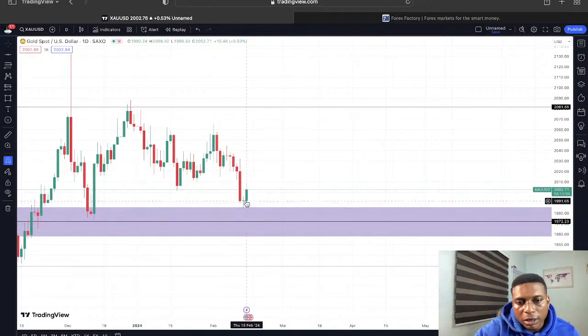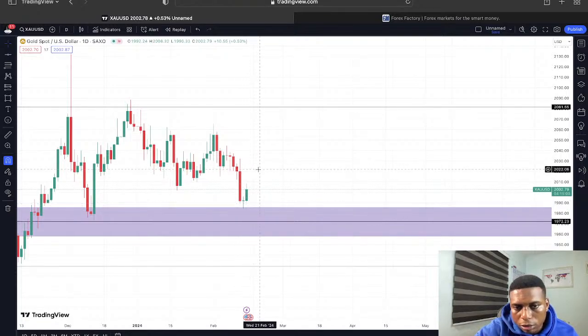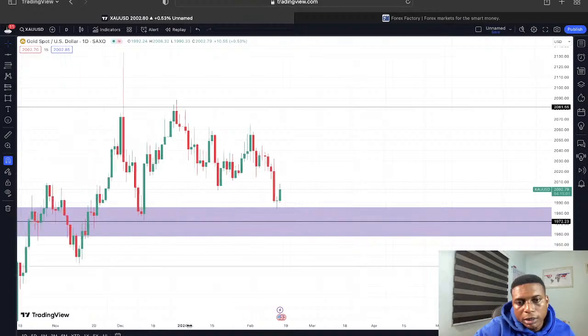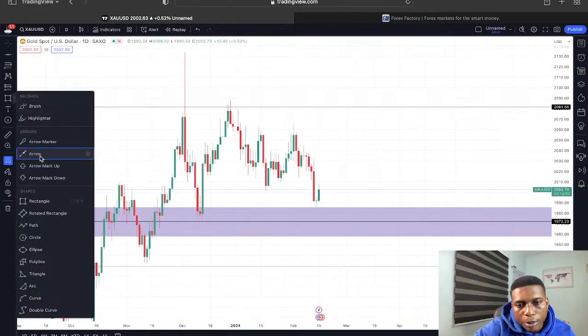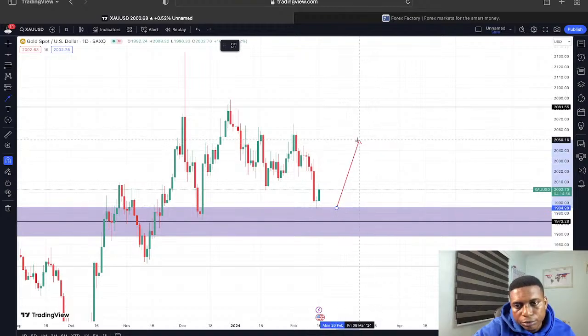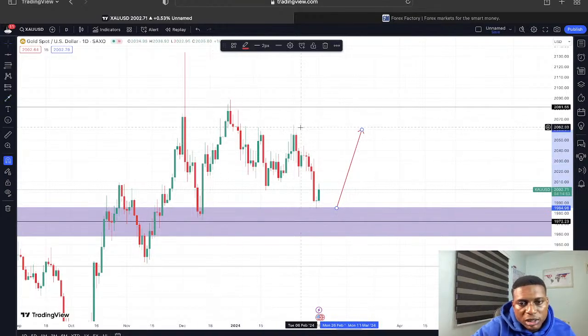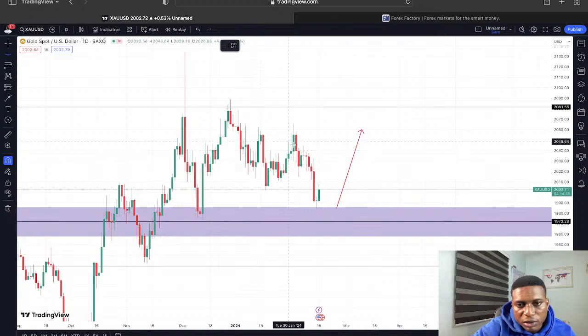A doji on a support level indicating what? Trend reversal. So this is like saying that we might see price push up for some time, either up to this level, because this also looks like the closest resistance zone.